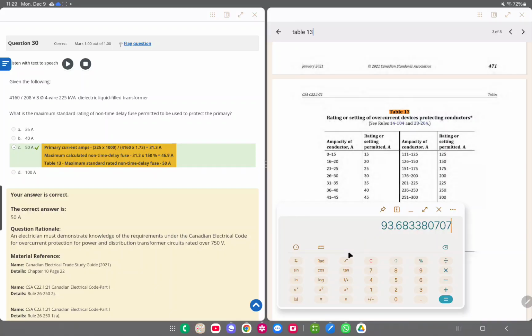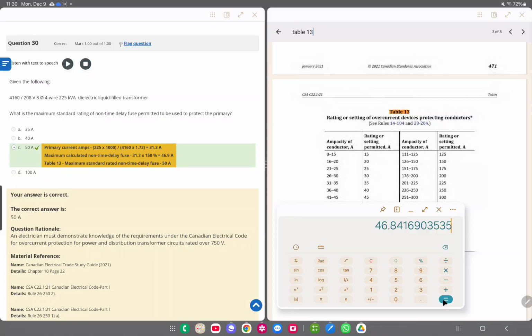So we need our watts, right? And it's 225,000. Divide that by our voltage of 4160. It is 3-phase, so we divide it by 1.732. We get our FLA. For wet, we multiply by 1.5.